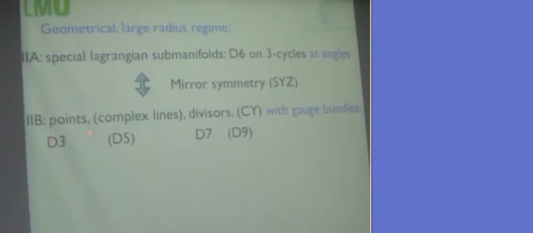In type IIB, we deal with D3, D5, D7, and D9 branes. The D5 branes wrap complex lines, the D7 branes are wrapped around four-dimensional submanifolds, so-called divisors, and the D9 branes wrap the entire compact space, but for some reason I will restrict the discussion to the D3 and the D7 case.